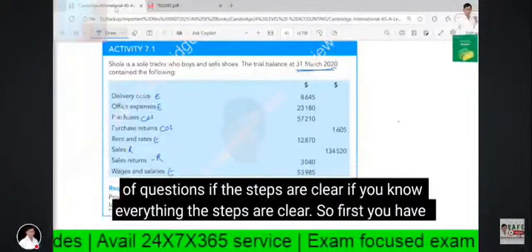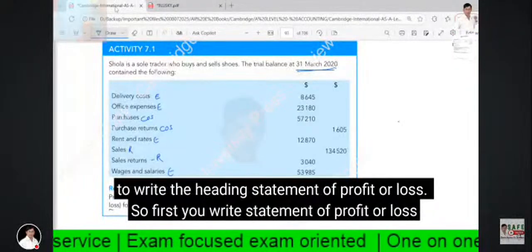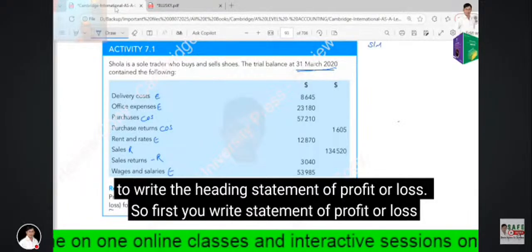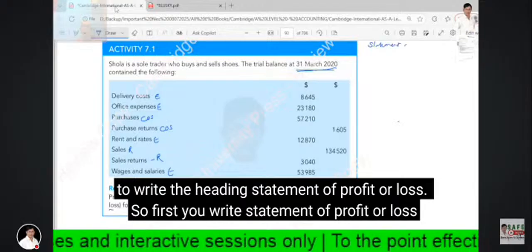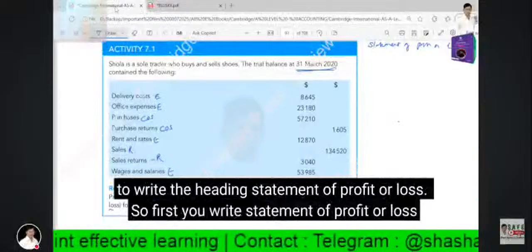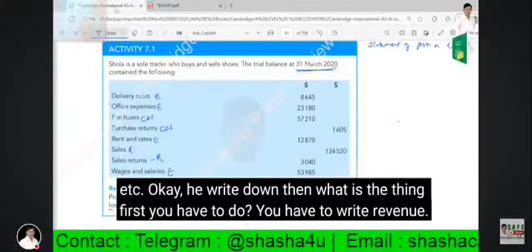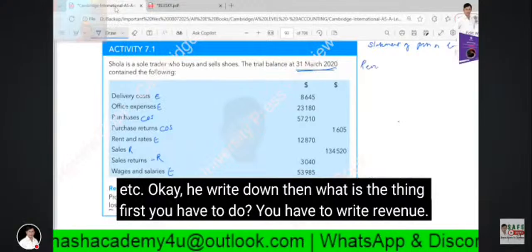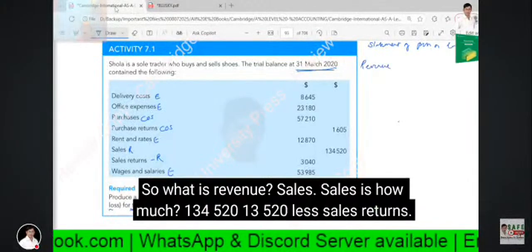First you have to write the heading, statement of profit or loss. Then the first thing you have to do is write revenue. What is revenue? Sales.